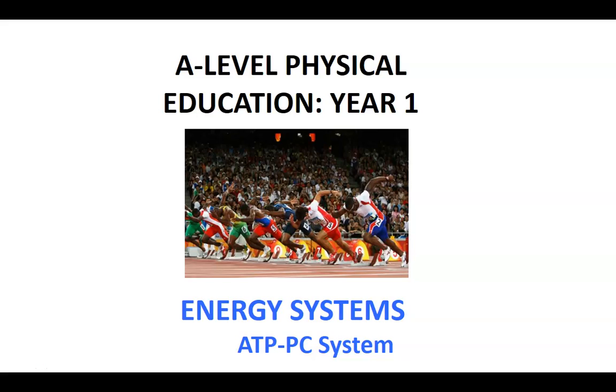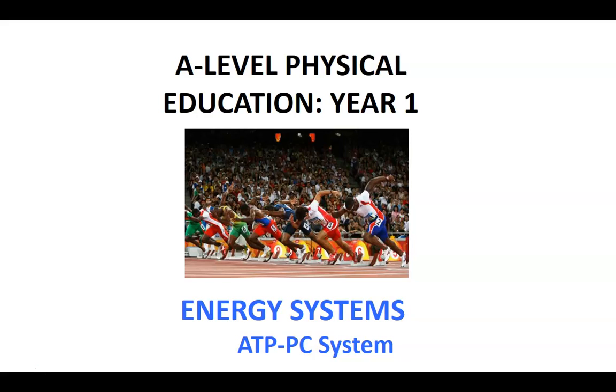So last lesson we looked at the breakdown of ATP and what ATP was. Now remember, ATP is known as the energy currency of the body, and it's the only usable source of energy that we have. And remember that it lasts for 3 seconds and then all ATP stores are depleted.